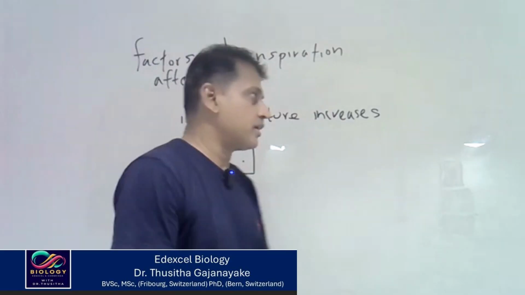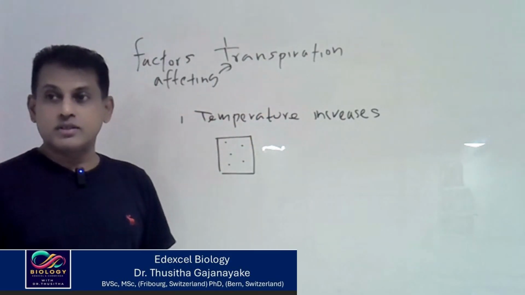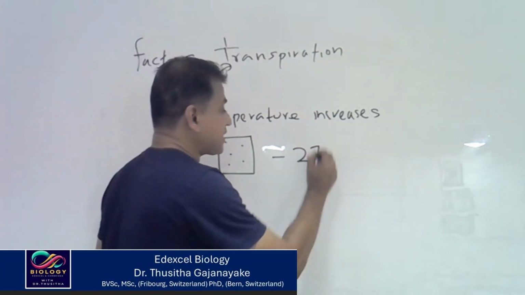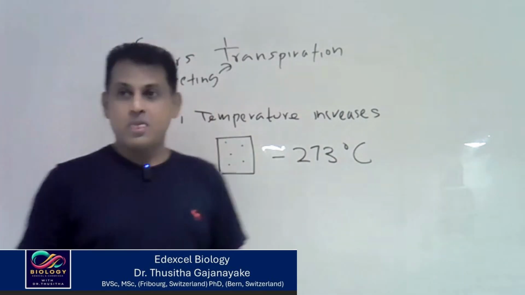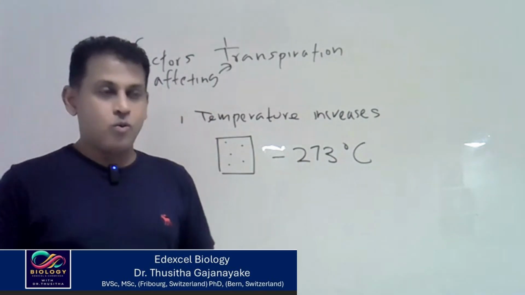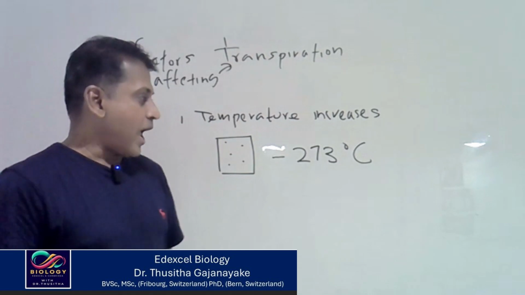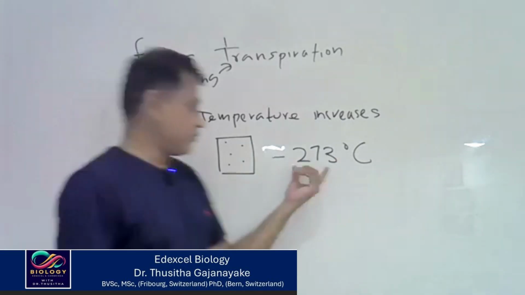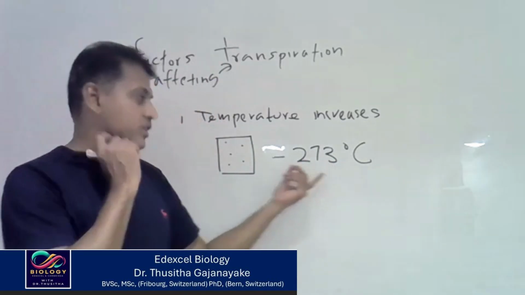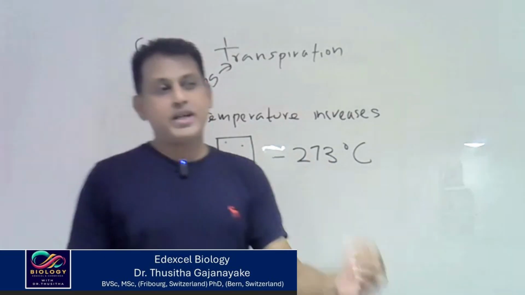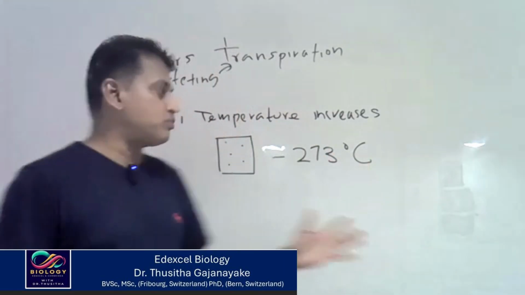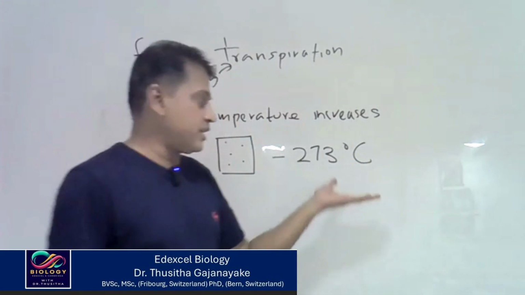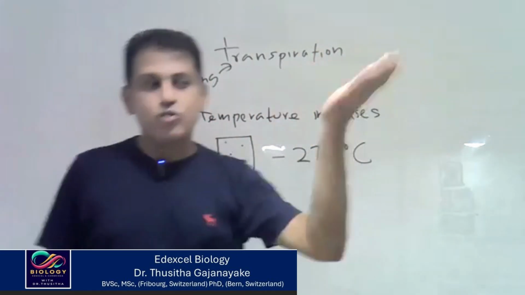Then how can we stop it? Simple, cool it down. We have to cool it down to minus 273 degrees Celsius. That is called absolute zero, and then the movement stops. Now you understand we have to bring it to such a cold temperature if we want completely zero movement of gas molecules. That phenomenon is going up when you increase temperature: gas or water molecules move.